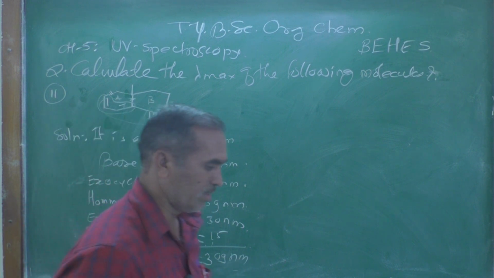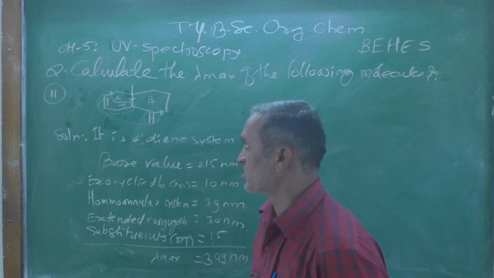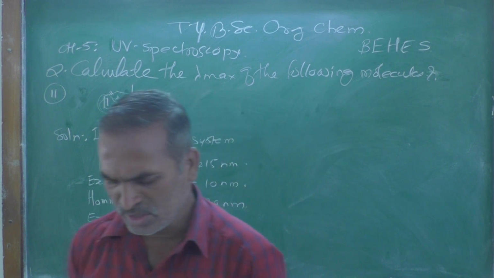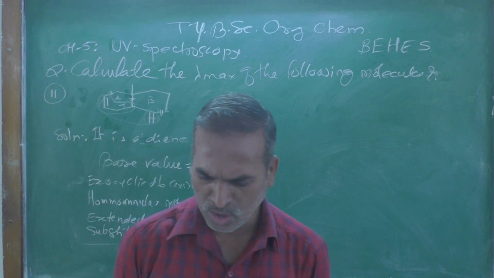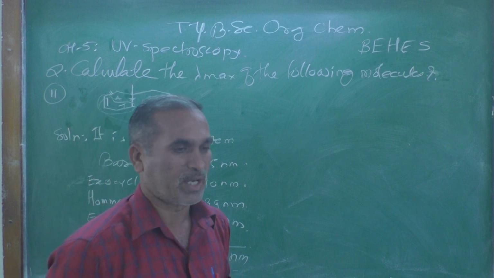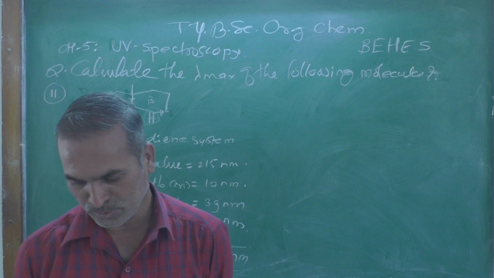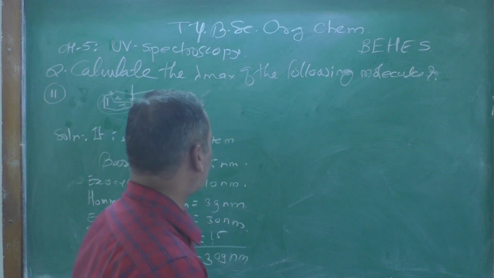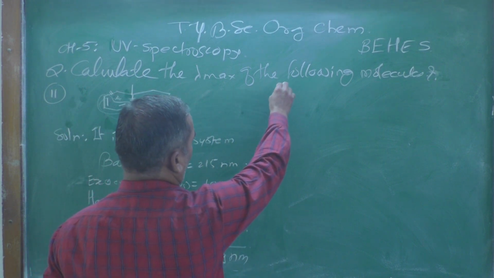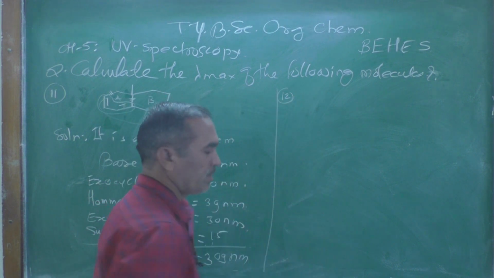It will be the lambda max of this. So this is the correct answer. In this way you can solve the problem by following the Woodward-Fieser rule. Understood this one? Now let me take one more example, example number 12.